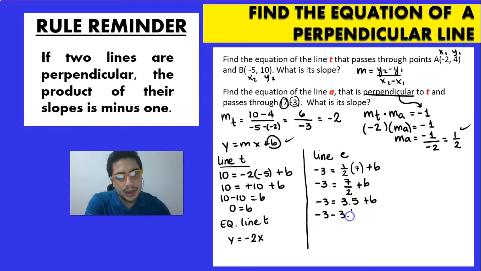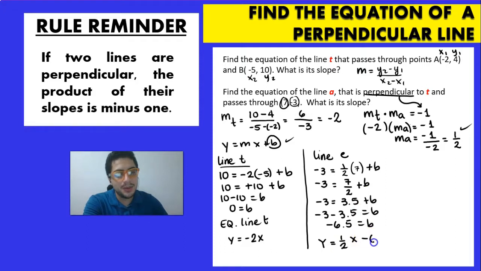So -3 minus 3.5 is equal to b, which means that our value of b is -6.5. So our equation is y equals the slope, which was 1/2, times x, and then the value of b, which is minus 6.5.